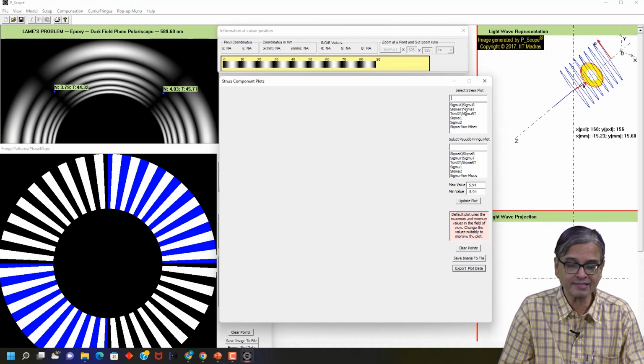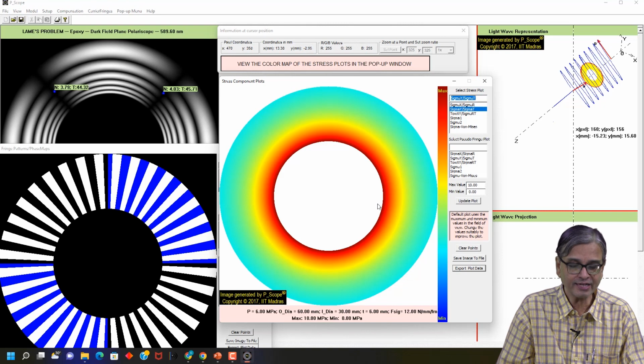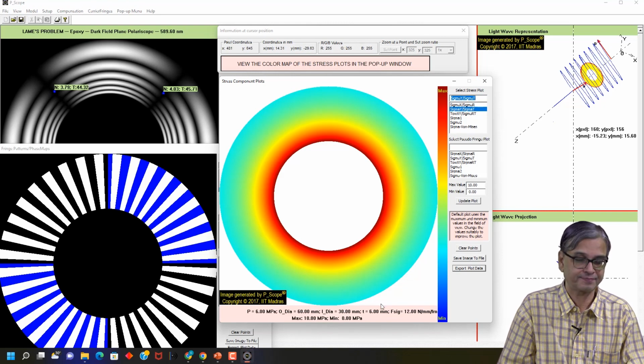We have determined in your thin cylinder only hoop stress, but here you will have hoop stress as well as radial stress is possible, but we will have this as sigma theta. Okay, sigma theta is plotted like this.